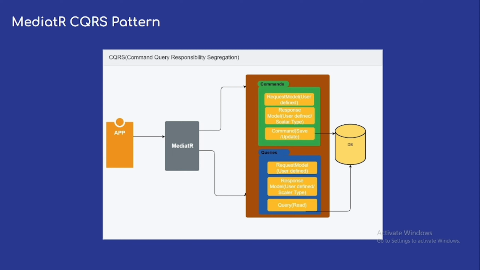So what is the change? Nothing will change. On top of CQRS, mediator will help us make a single pipeline for invoking the commands and queries in an easier way. But here there are no optionals. Request model and response model must be defined. So there is no optional when we use mediator pattern.